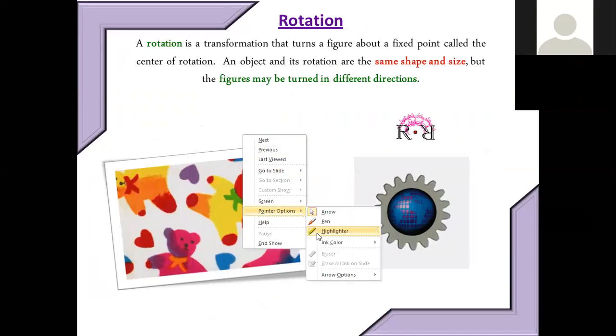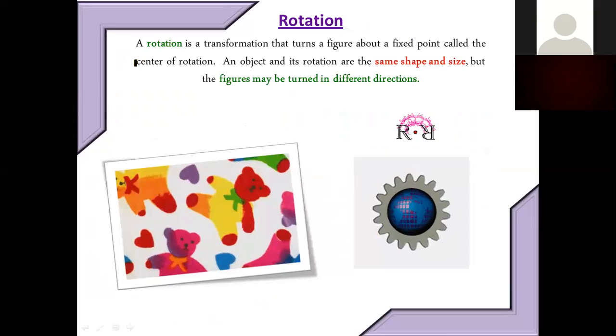This is very important: determine the center of rotation. An object and its rotation are the same shape and size, but the figure may be turned in a different direction. It stays the same shape and the same size, but only the direction may differ.